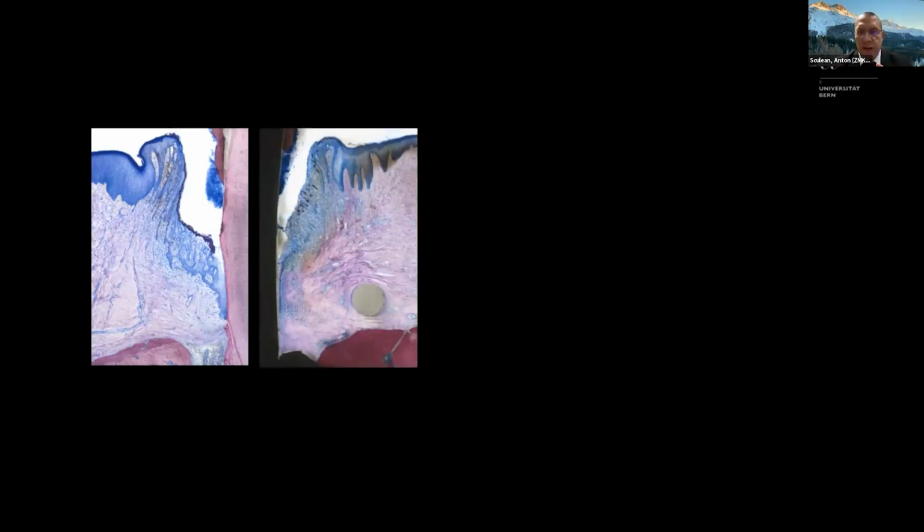Now, when we have the same amount of bacterial biofilm on an implant surface, we have a more extensive and larger inflammatory infiltrate characterized by the presence of plasma cells. This infiltrate is not very well integrated into the connective tissue, is not encapsulated.